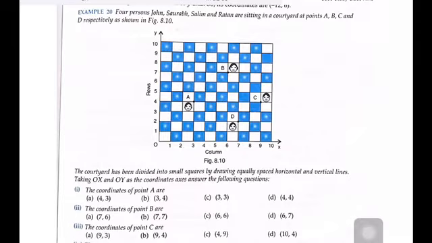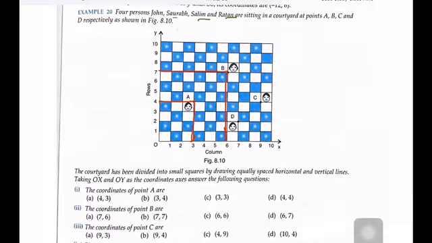So the case study, as you can see: four persons, John, Saurabh, Salim and Ratan, are sitting in a courtyard at points A, B, C and D as shown in the figure. So this is A, as you can see, this coordinate is for A. And this is B, I'm marking it so that you can easily see it.